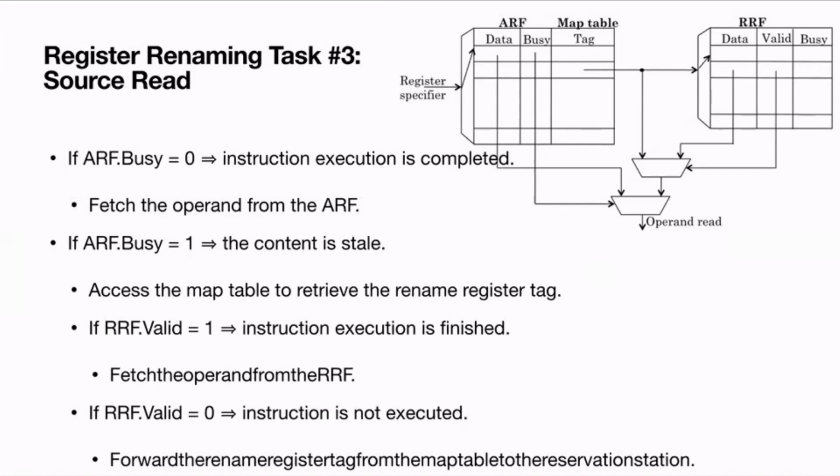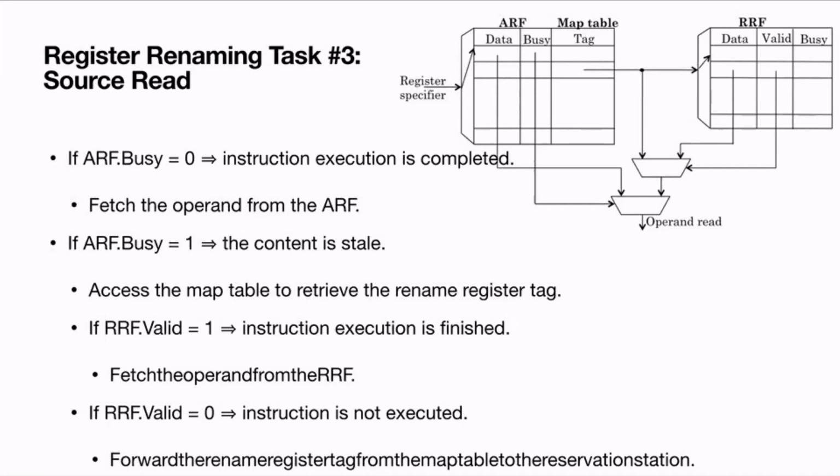If it is 1, indicating that the instruction finished execution but is not yet committed, we take the value from the data field. But if the valid bit is 0, indicating that this instruction is currently being executed or just waiting for an execution unit to be available, we don't have the data and we can supply only the tag. That is what we are going to do.